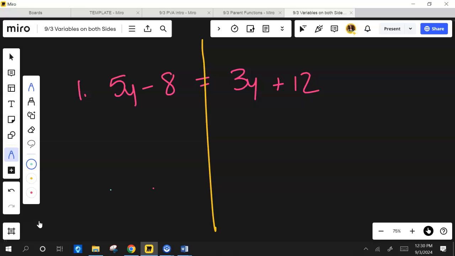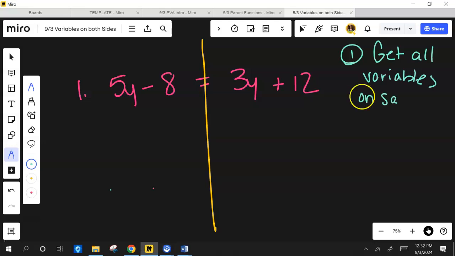Our steps, see up at the top it says steps to solve? Our first step: get all the variables on the same side. Now, this goes up at the top for step 1, but we're going to jump down here and do it in example 1 together. So, all the variables on the same side, right?